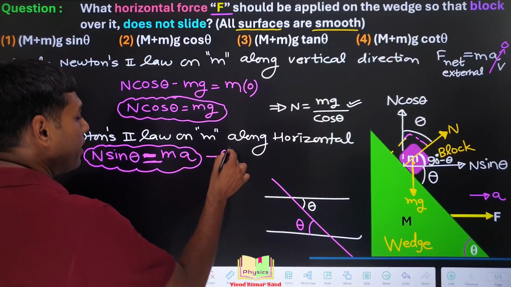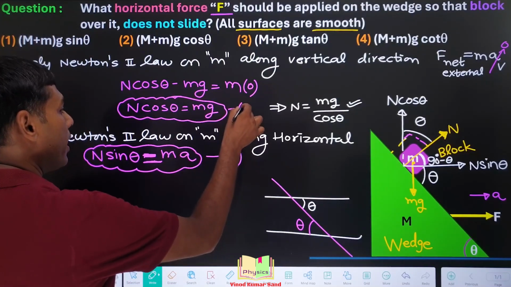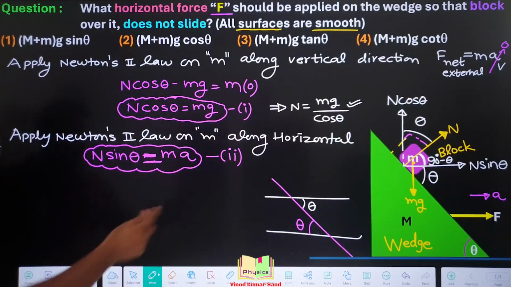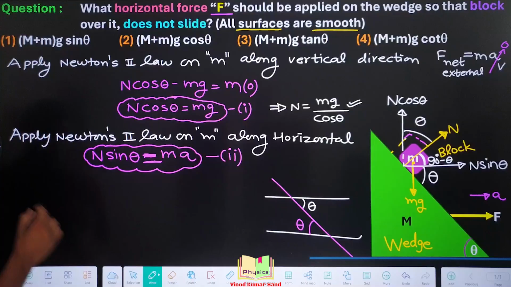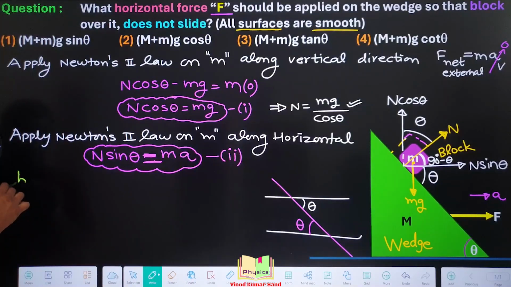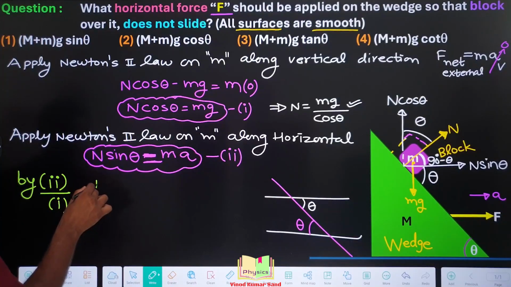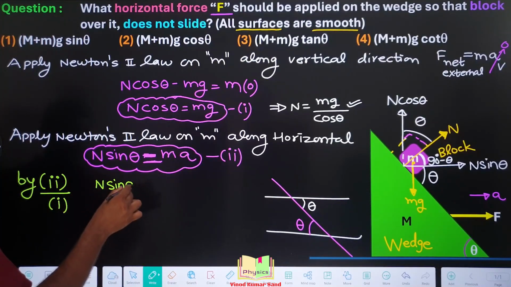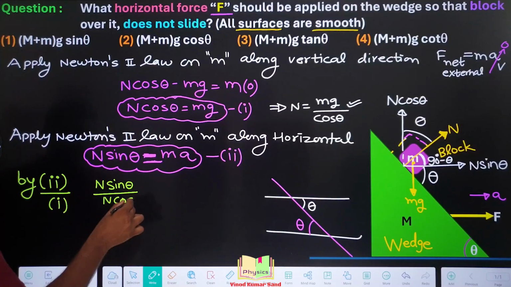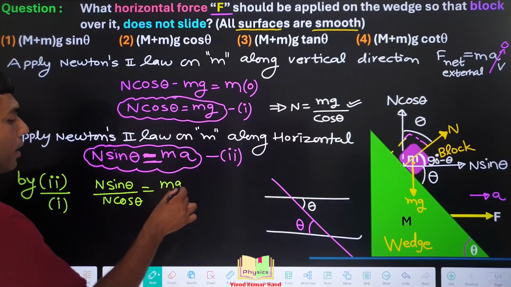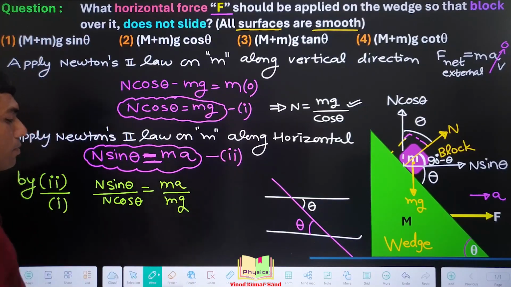If we divide equation 1 and equation 2 we will get the value of A. What I mean to say, let us do 2 by 1, equation 2 divided by equation 1. Then we will have N sin theta by N cos theta is equal to ma by mg.